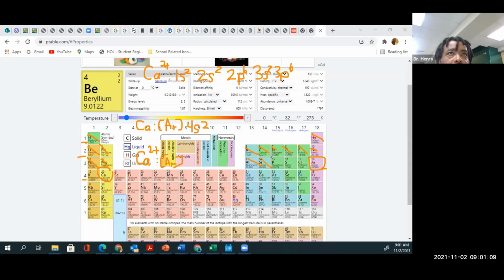So that would give us the exact same electron configuration as argon.